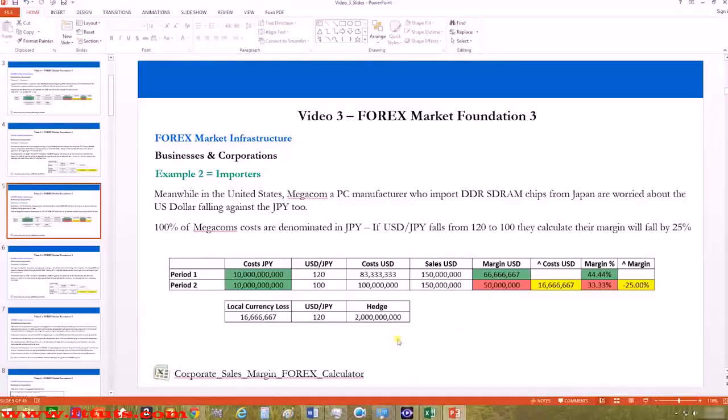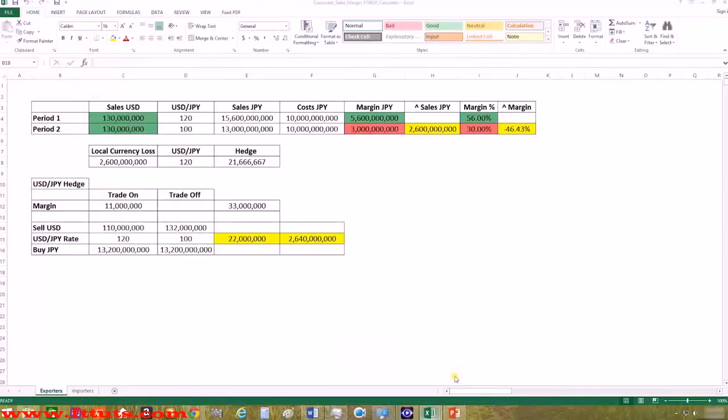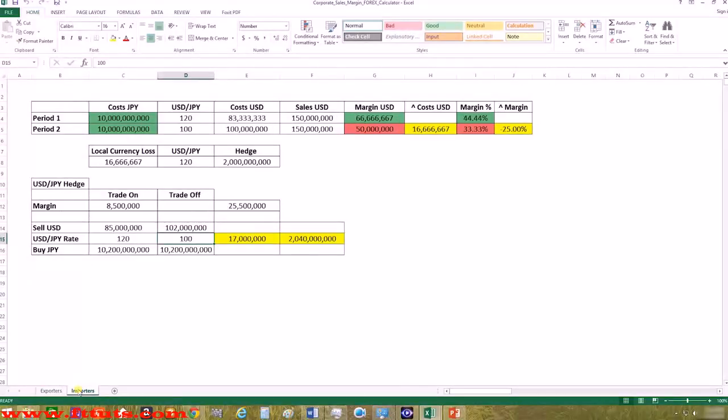But if we go over to the spreadsheet and click onto importers, we can go through the case here in the spreadsheet. So in period 1, Megacom's costs are 10 billion yen. And in period 2, those costs are going to stay the same. In period 1, the exchange rate is 120.